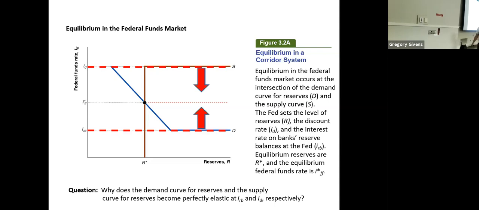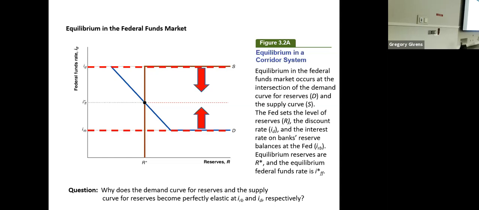But importantly, this intersection, which determined the federal funds rate in equilibrium, would be somewhere on the downward sloping portion of this demand curve. That's why we describe it as a corridor system, because the target funds rate is somewhere in between this corridor between the interest rate on reserve balances and the interest rate on discount loans.